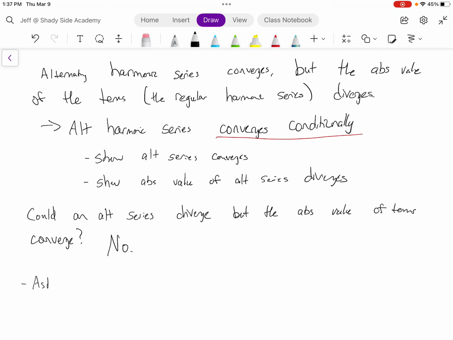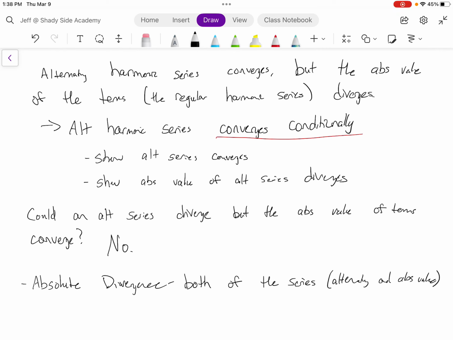We have absolute divergence. In keeping with our theme of class, if both of the series, the alternating and the absolute value, diverge, we have this absolute divergence.